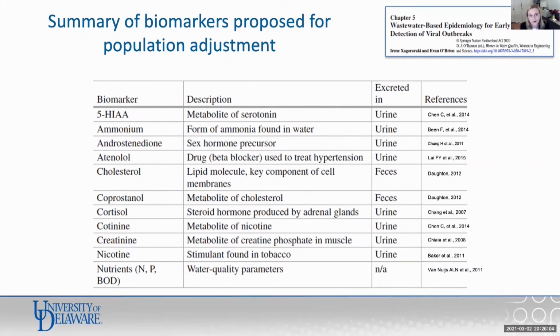As I mentioned before, many scientists are looking to census tract information, but there's some literature suggesting that that's not necessarily the best way to go. But if we use adjustments for human population through different biomarkers, that's better than looking at government census tract data. And here you can see some of the different biomarkers that could be used in this analysis.